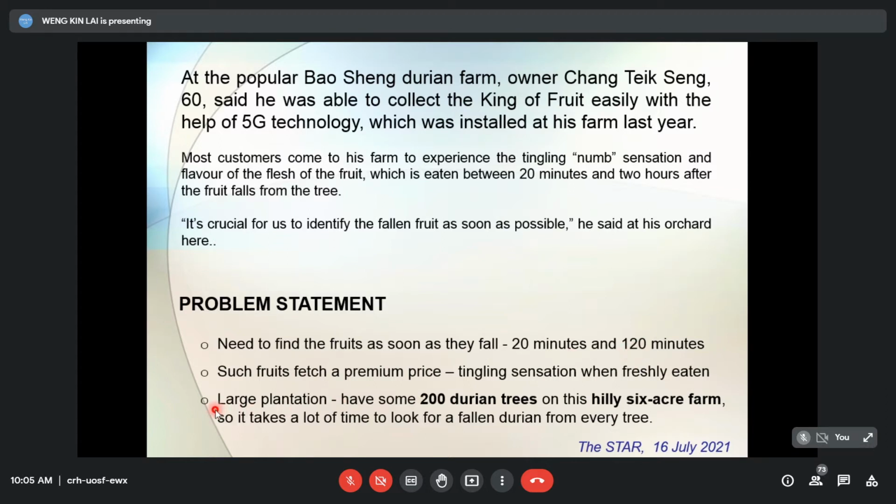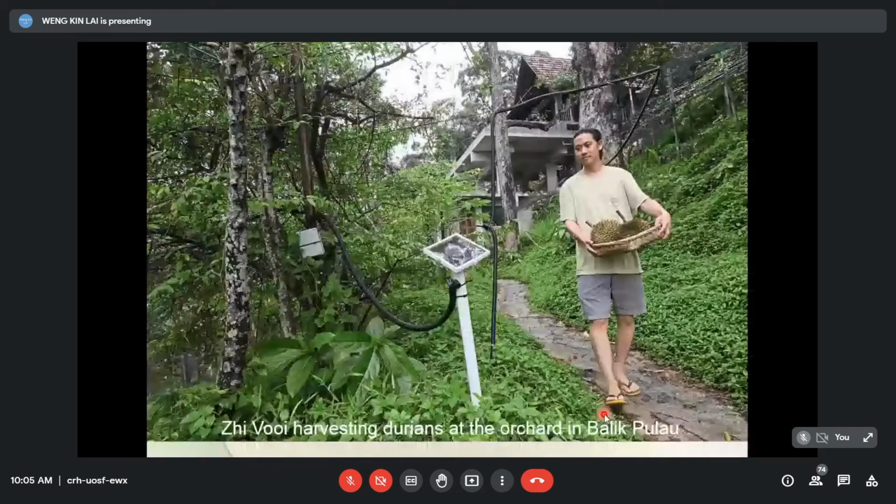Now, the other problem is that, yes, it's a simple problem and doesn't need AI solutions, but I have a large plantation with 200 durian trees, right? It's a hilly area, 6 acres, on slopes or hills, not easy to find.